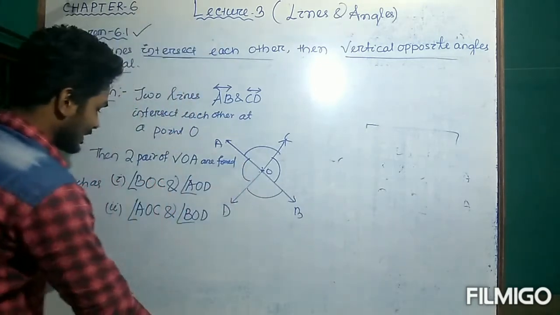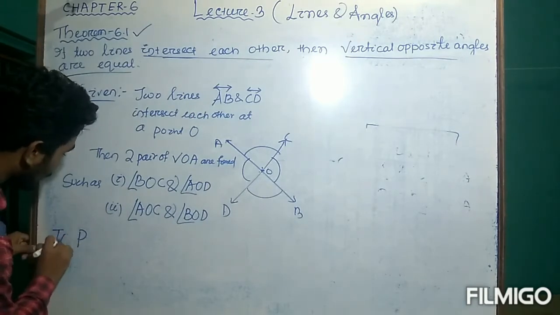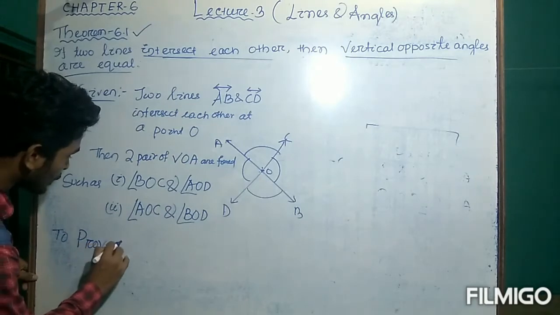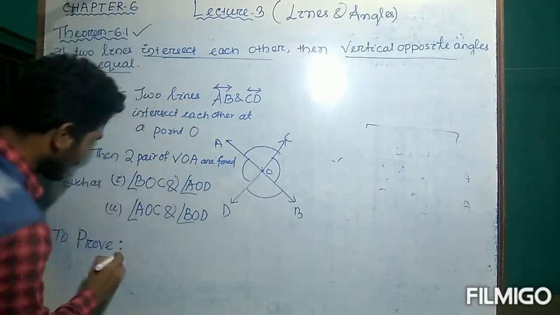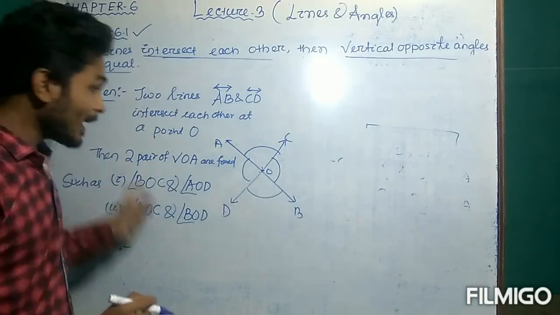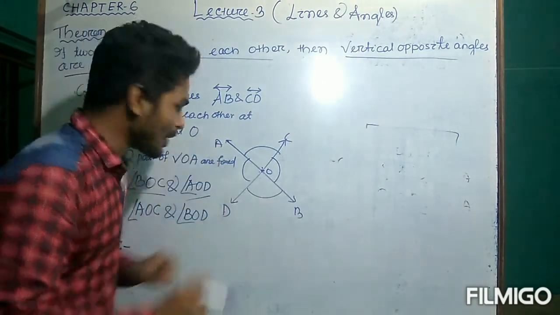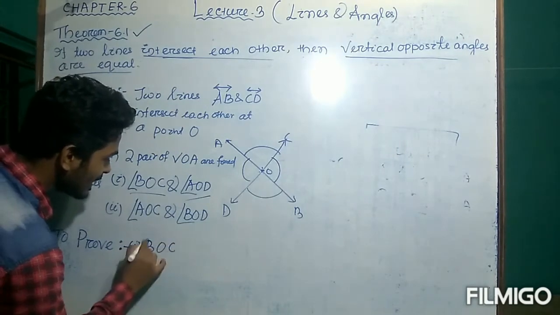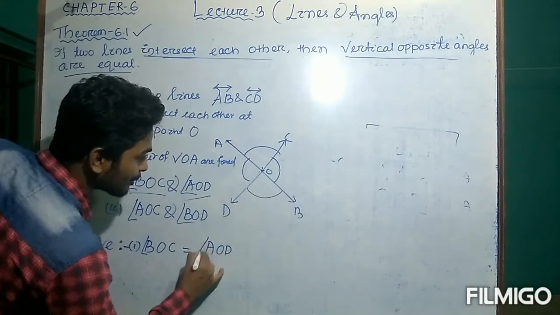Understood? The next thing is you have to write what needs to be proved. To prove: this is the exact procedure of proving a theorem. So this is given. Next is to prove. We have to prove the pairs of vertically opposite angles are equal. So you have to prove first that BOC is equal to AOD.